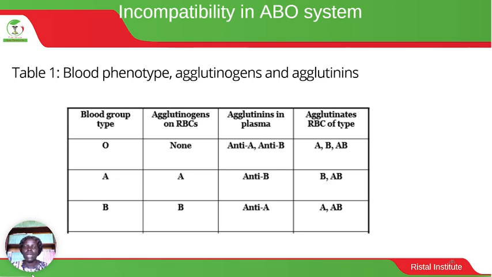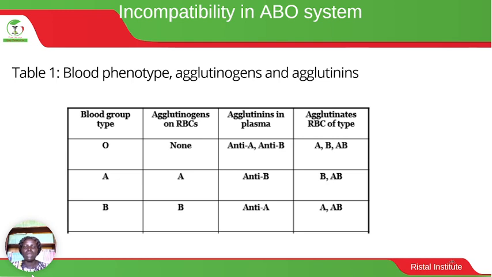Then he will have agglutinins in plasma, that is anti-A and anti-B. That is why someone with blood group O will only receive blood from someone with blood group O. Why? Because he has the anti-A and anti-B, and once transfused with any of that blood type, he will end up getting a reaction.